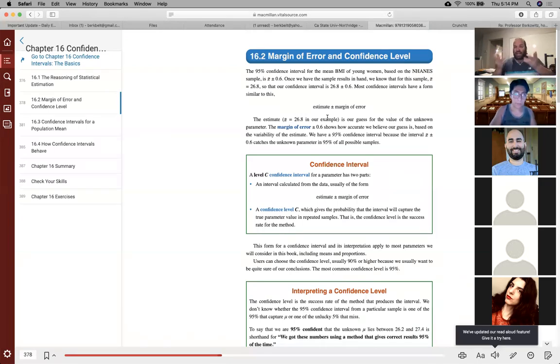In my height example, the estimate was 5'8", plus or minus 1 inch, plus or minus 2 inches, plus or minus 3 inches, whatever my plus or minus was, that's the margin of error. That's how willing you are to be a little bit off. The margin of error.